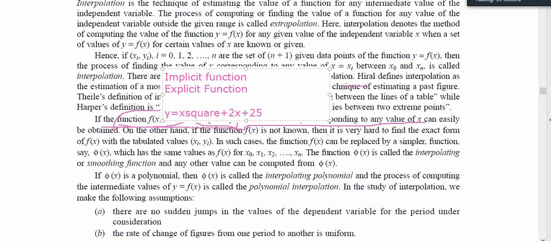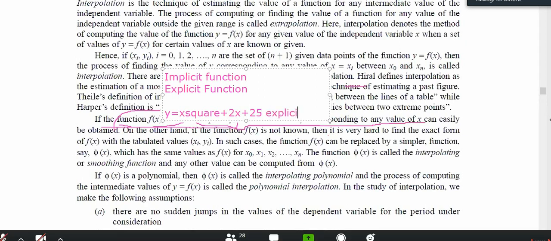Y is equal to x square plus 2x plus 25. This is the example of an explicit function.